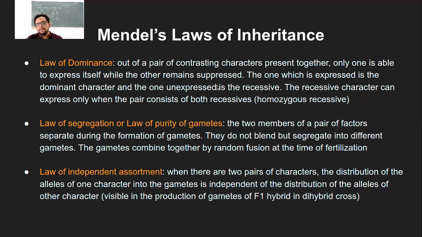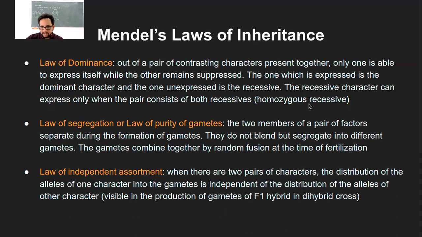That is, out of a pair of contrasting characters present together in the heterozygous individual, only one is expressed. That is the law statement, and the other will remain suppressed. So the one which is expressed is dominant, the one which is not expressed is recessive. The recessive character can express only when the pair consists of both recessive. So we know that if it is only small r or small y, in that case only the recessive phenotype will be exhibited.